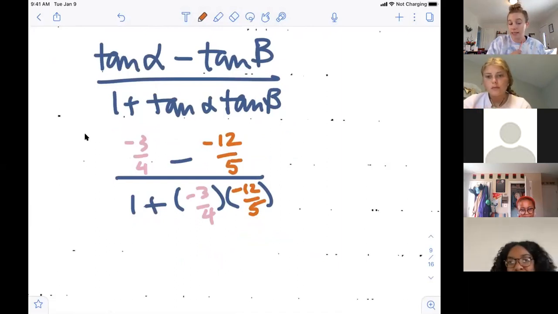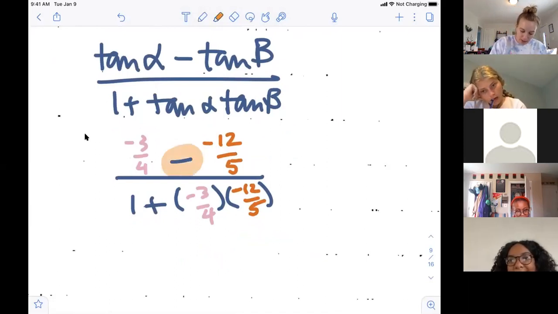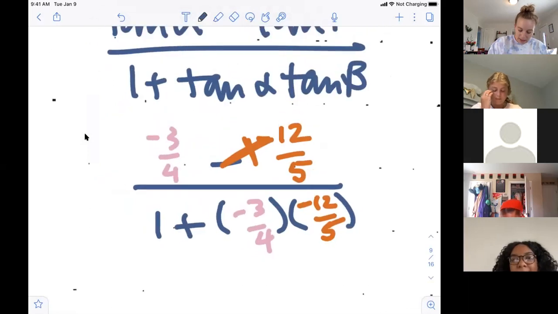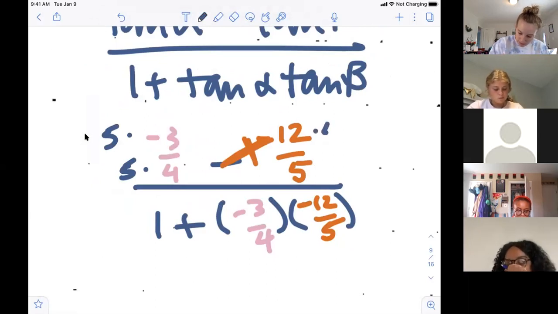before I start solving, let's look at what we've got. I see that I've got a minus and a minus right here, so I'm going to combine that to be one big plus. You can say plus a positive, or you can do a big plus sign here. Then I want to get like denominators so that I can solve later on. I've got 4 and 5, so I'm going to multiply by the opposite denominator and get 20 as a common denominator.